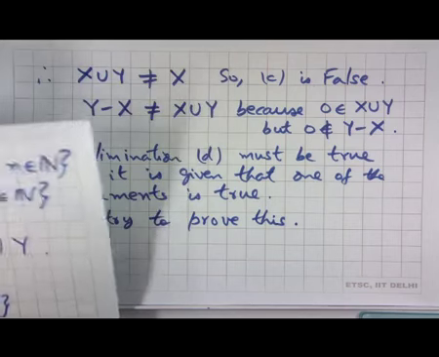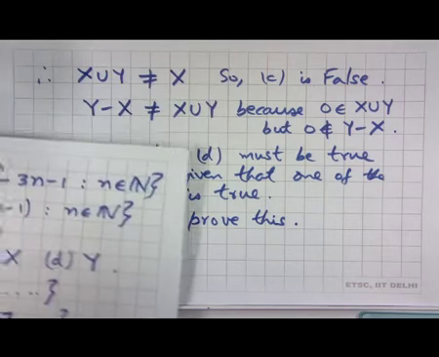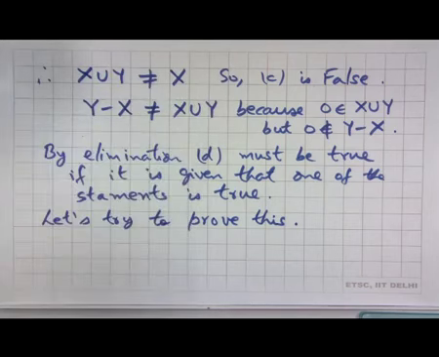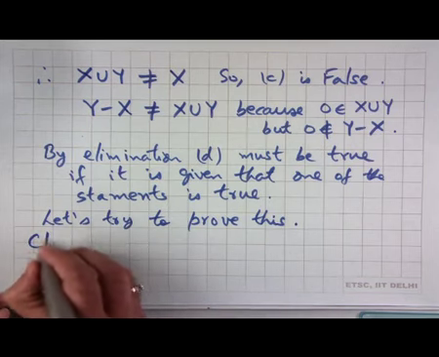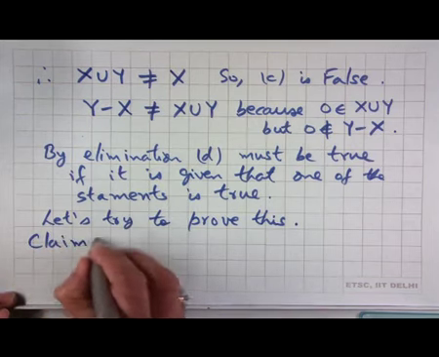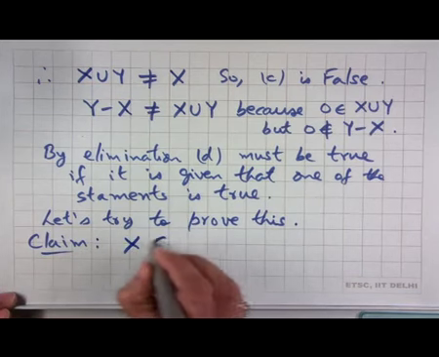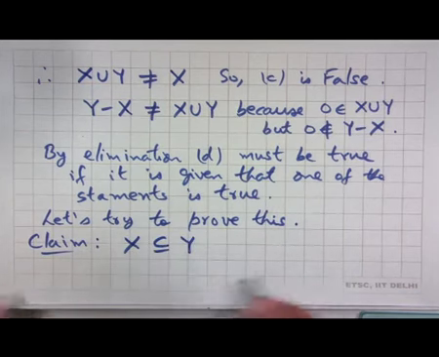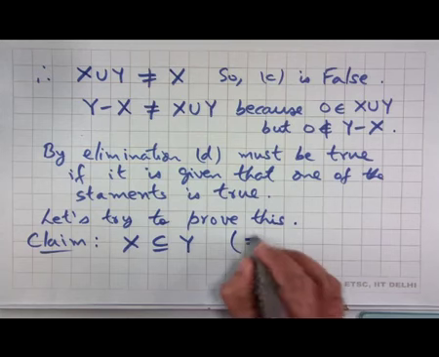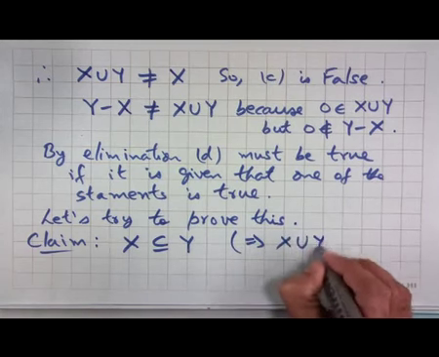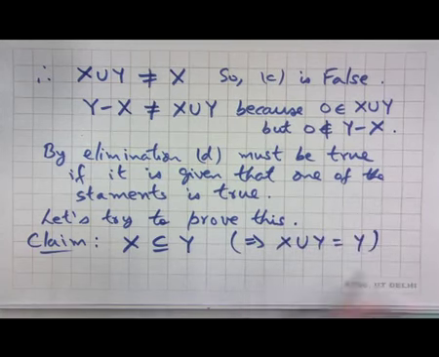So, what I want to say is that X union Y is equal to Y, which means that I have to show that X is a subset of Y. So, the claim is X is a subset of Y. This will imply that X union Y is equal to Y.